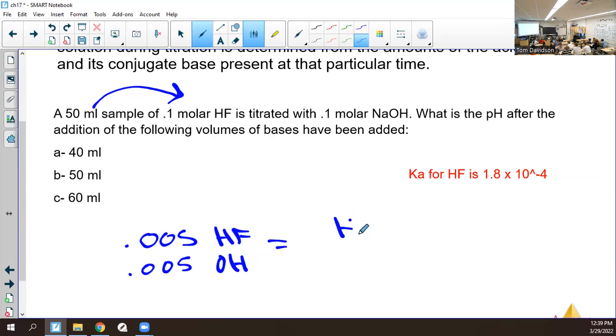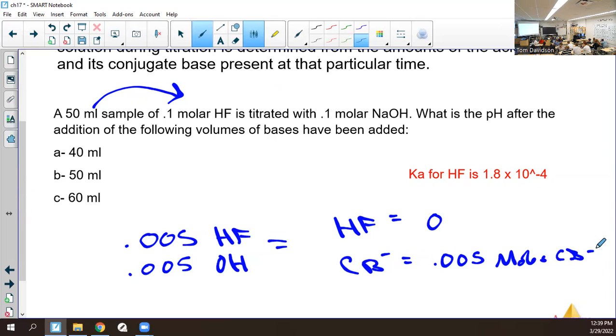So how much HF do I have? 0. How much conjugate base do I have? It's just conjugate base. I've literally forgotten.